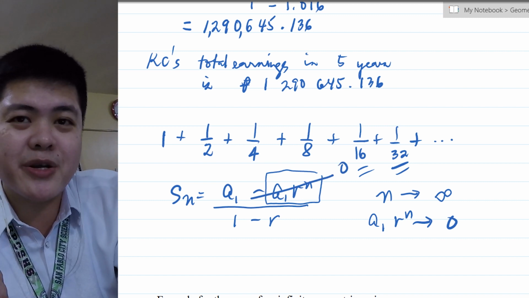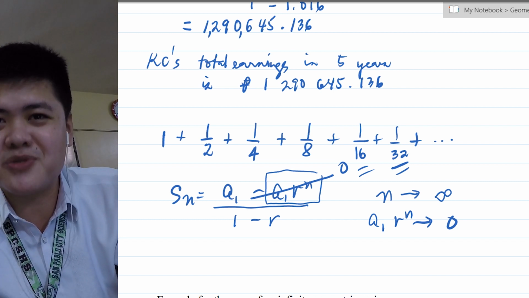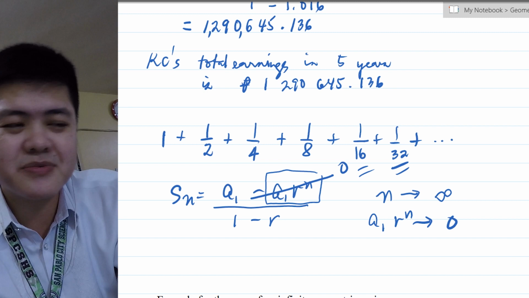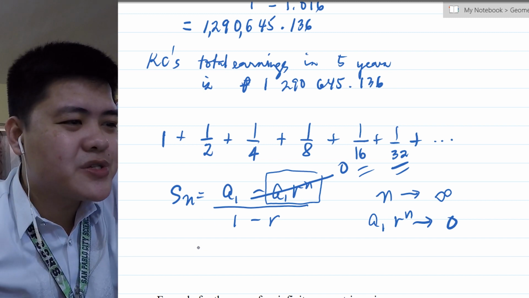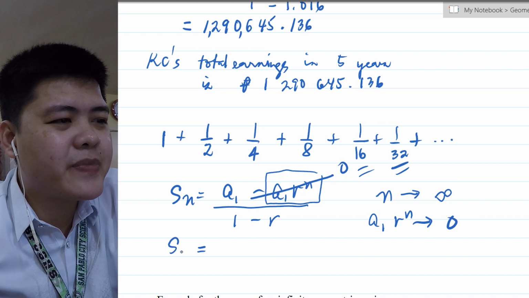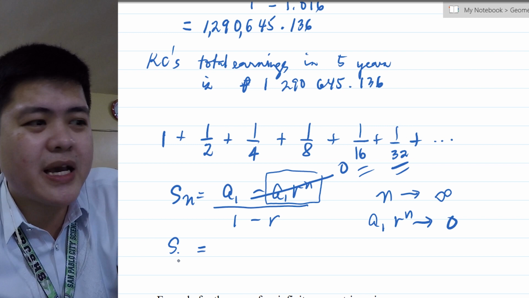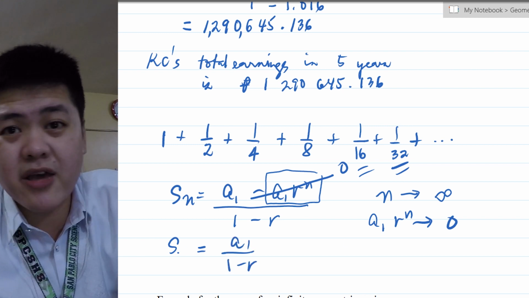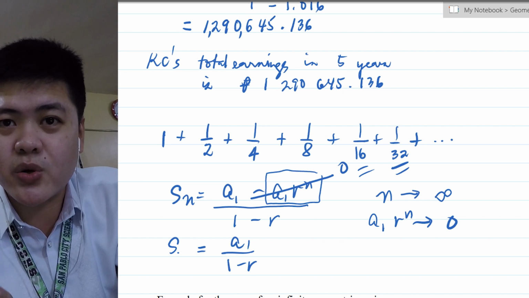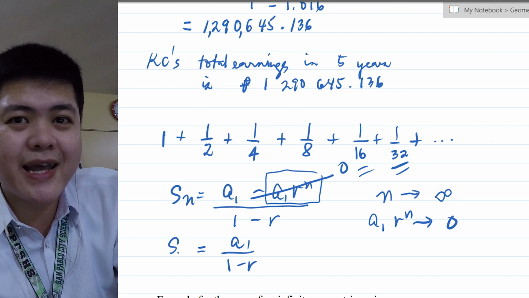When the terms get smaller and smaller, and will eventually be equal to 0, pero hindi talaga siya 0. You will learn this extensively when you go to calculus. So we have S sub n infinite. Sometimes wala ng n na nakalagay dito kasi hindi alam. So S na lang, equals A sub 1 over 1 minus r. If your terms are infinite and your terms are getting smaller, ang r mo dito, kailangan hindi lang basta r.